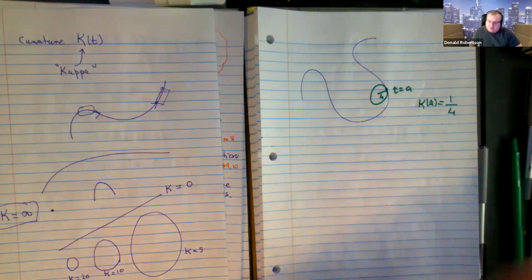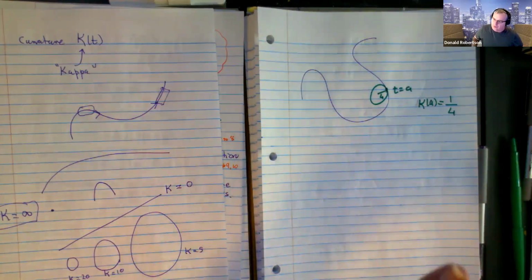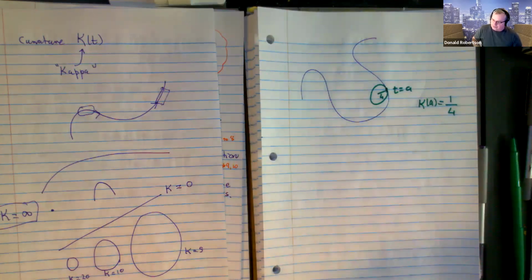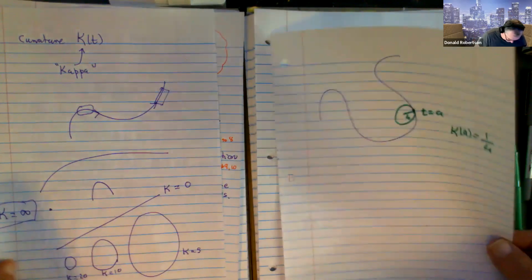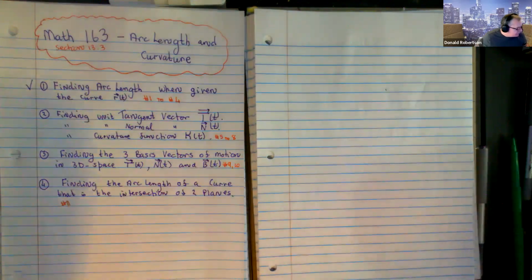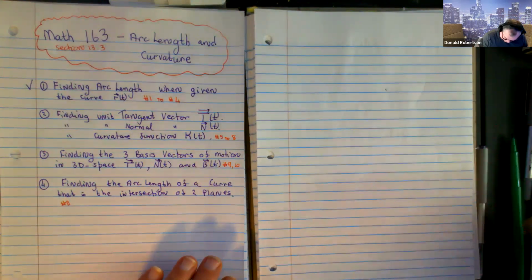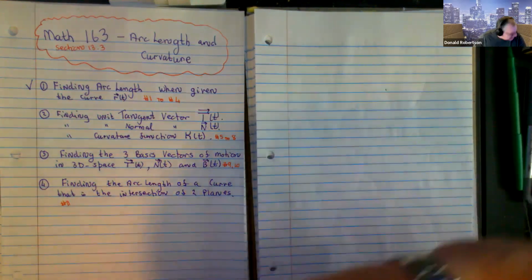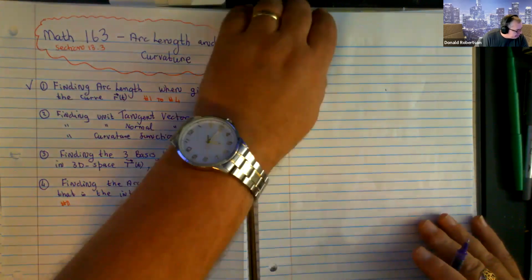Now, why does that work? Well, if you've got a big circle, won't the radius be big? So won't 1 over it be small? And big circles have very little curvature. So that's the theory behind how to calculate curvature. What does it look like as a formula? Because it is a formula.